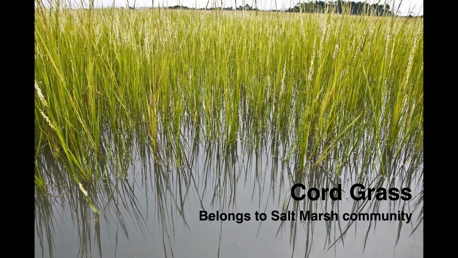So moving on to cordgrass. Now cordgrass, we found cordgrass in the salt marsh. They're very similar to the freshwater marsh grasses, like cattails and sedges were in the freshwater marsh.